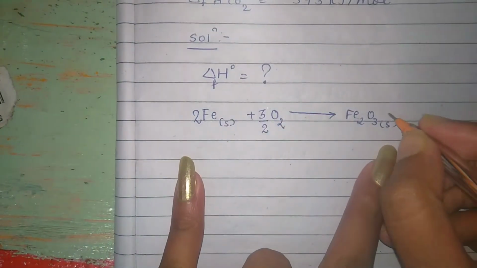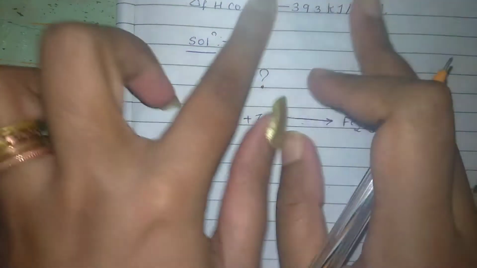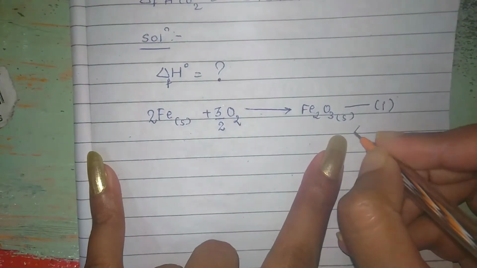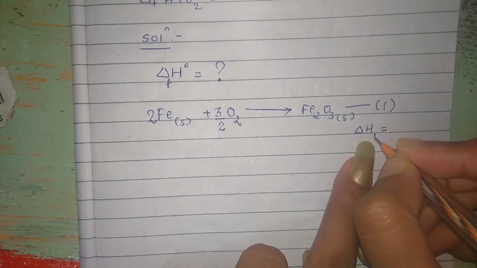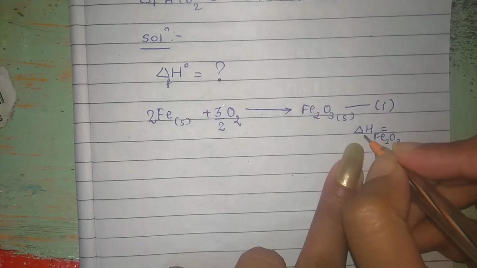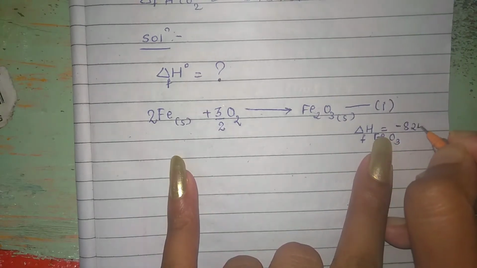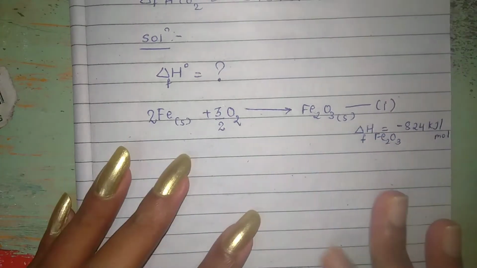This will be my equation number 1, and the enthalpy of formation of Fe2O3 is -824 kilojoule per mole, correct?